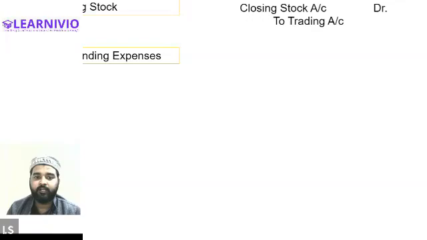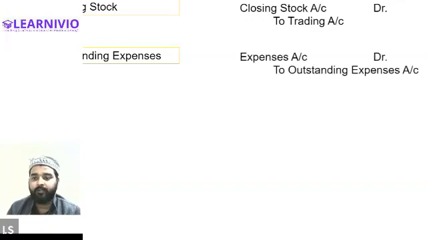So the general entry for outstanding expenses will be expense account debit to outstanding expense. Expense account debit to outstanding expense basically means that expenses are increasing. Therefore, we have debited the expense account because our expenses are increasing, and our liability is also increasing at the same time.